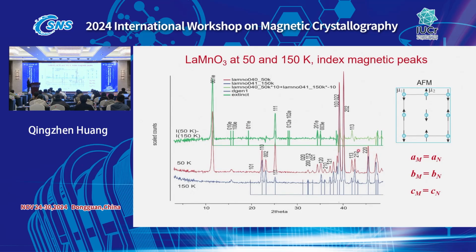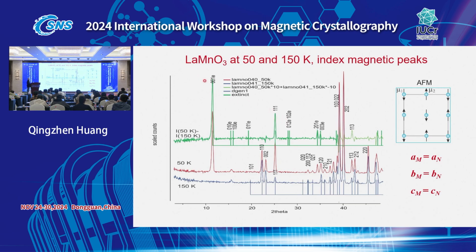And for antiferromagnetic also, this is 50 Kelvin, and this curve is 150. The magnetic order is a little bit below 100. So if you subtract them, then all the actual peaks at 50 Kelvin appear here.